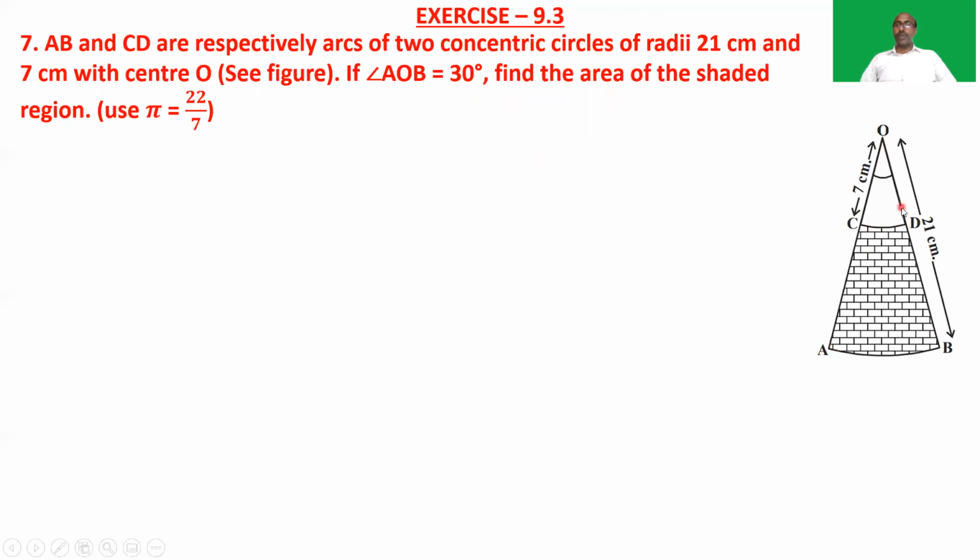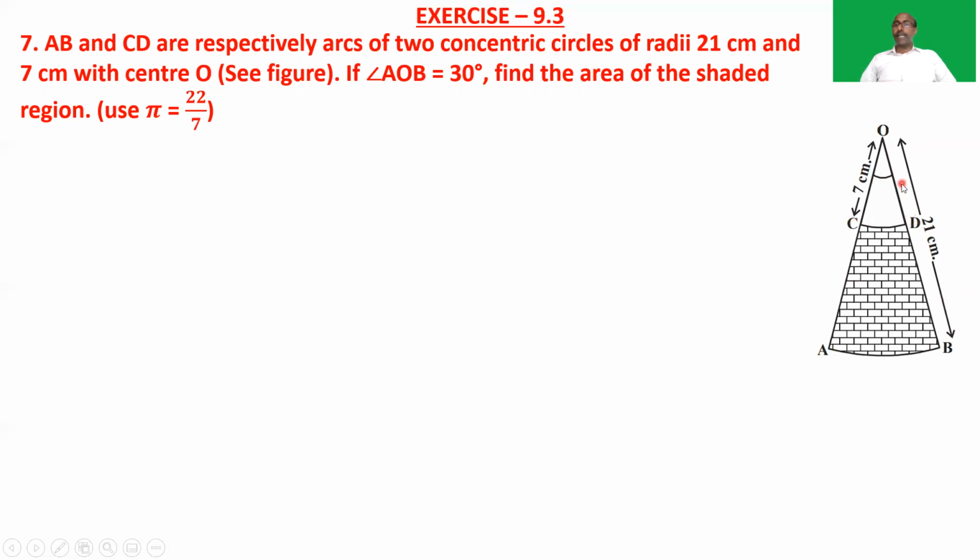AB and CD are two arcs of two concentric circles, so that OAB and OCD are sectors of two concentric circles whose radii are 21 centimeters and 7 centimeters. And it is given that the angle of these common sectors is 30 degrees. So we have to find the area of the shaded region, and we can notice that the area of the shaded region is equal to the area of the sector OAB minus the area of the sector OCD.